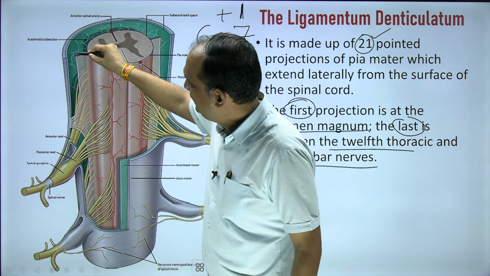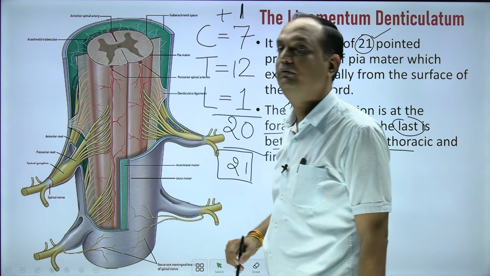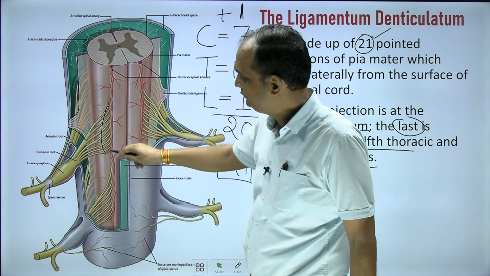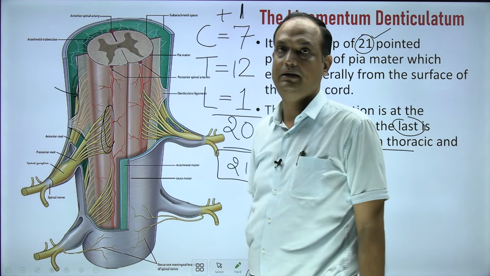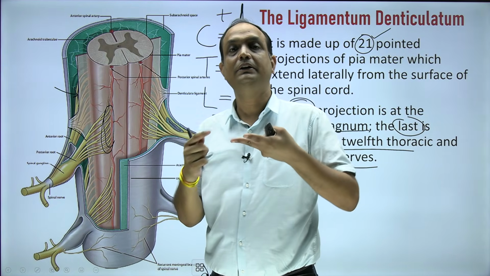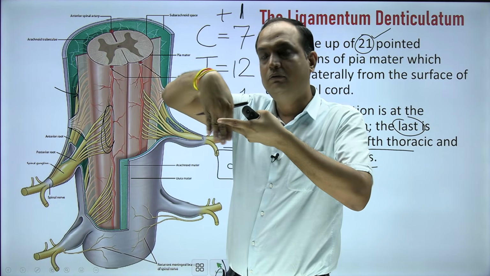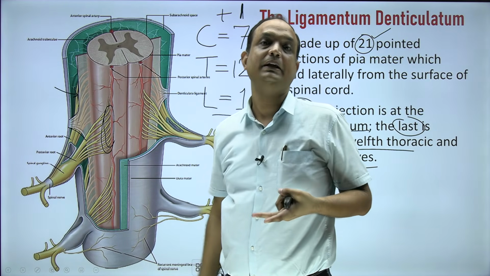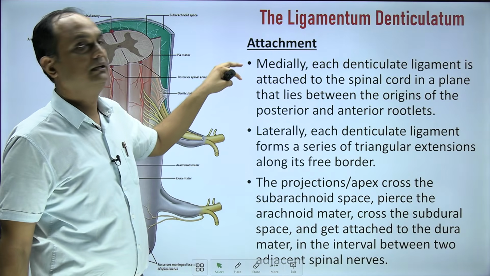So these are the ligamentum denticulatum which are going laterally, and you will find that one set of the roots is visible here and one set of the roots is visible behind. So they are present between the ventral and dorsal root of the spinal cord, and you will have the lateral extension of pia mater. The second thing which is very important is their attachment.